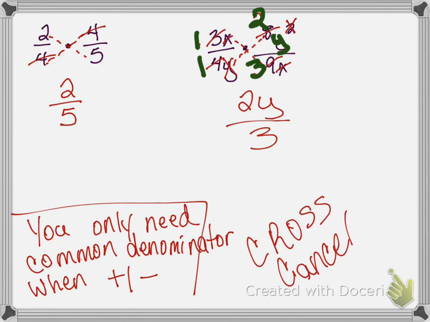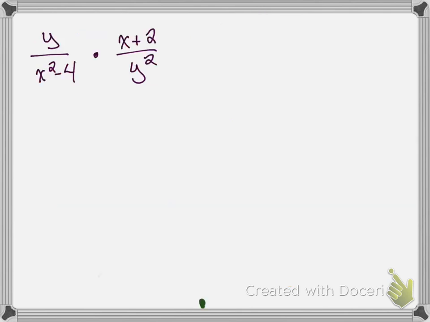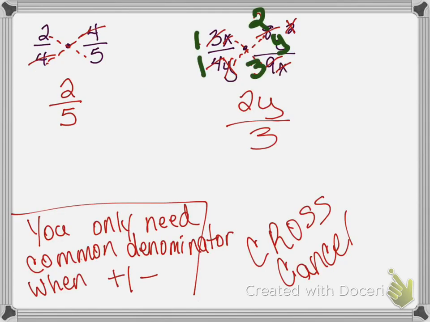Okay, here we go. Now, we've gone from monomials. So we've got a monomial over a monomial times a monomial over a monomial. Now we're going to bring binomials and trinomials in. Once I bring binomials and trinomials in, what do I have to do first? Factor.